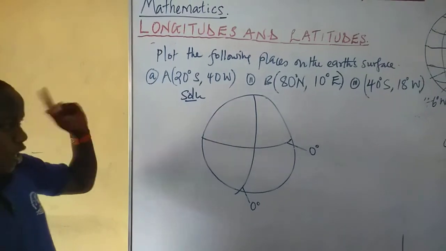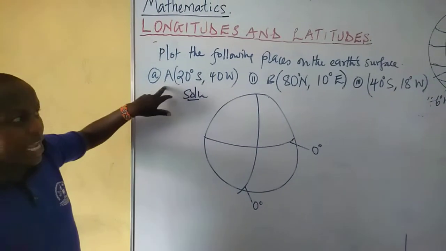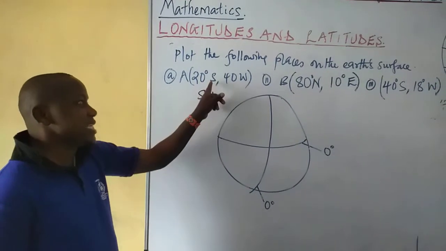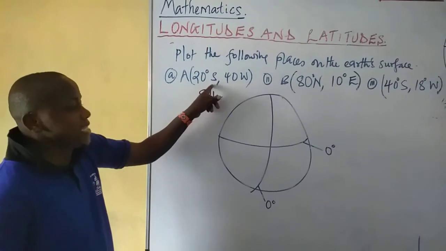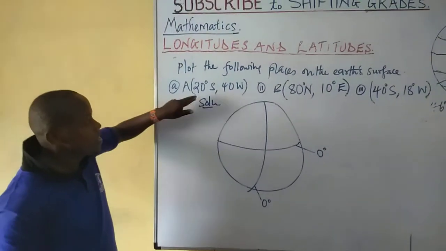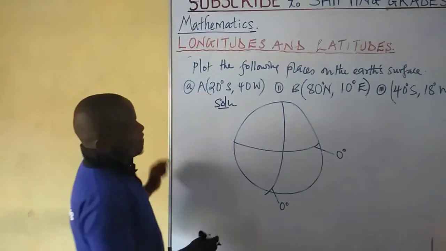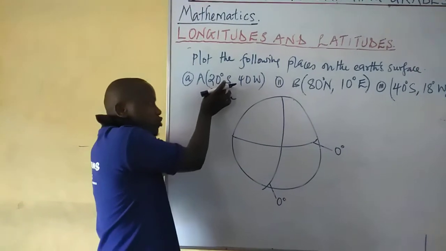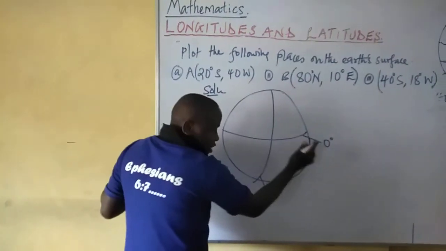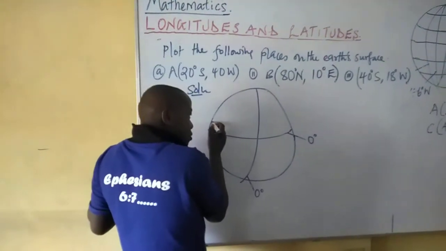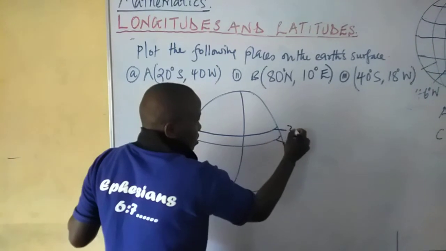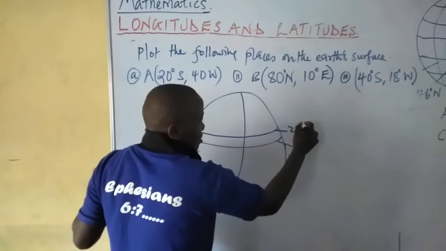Then now we want to identify town A or place A. Place A is 20 degrees south. So we said the positioning starts with the latitude, and therefore A is in latitude 20 degrees south. So from the equator, 20 degrees south, just here, 20 degrees.